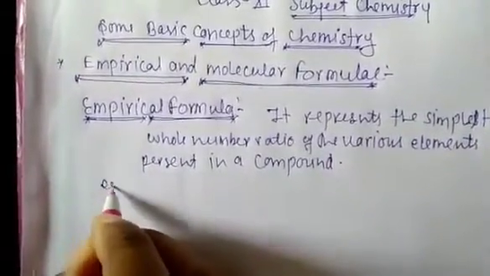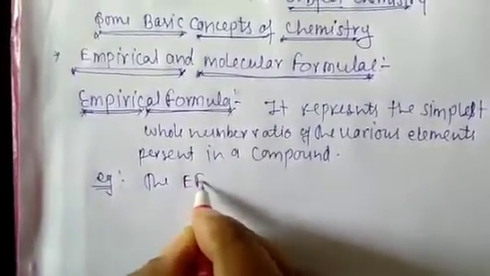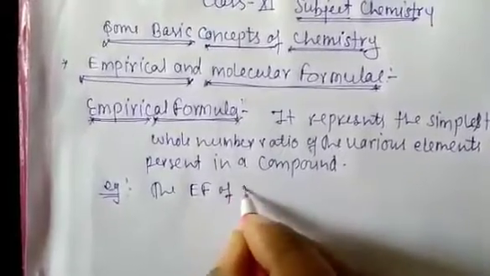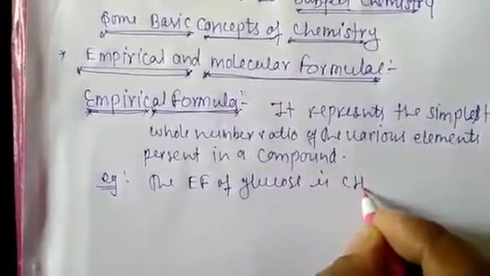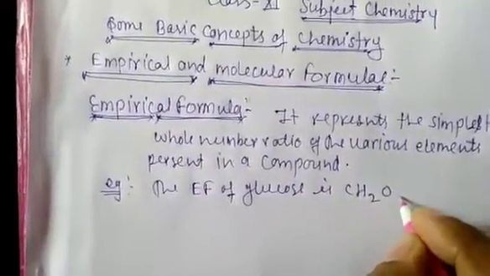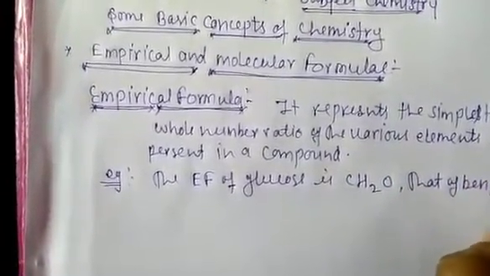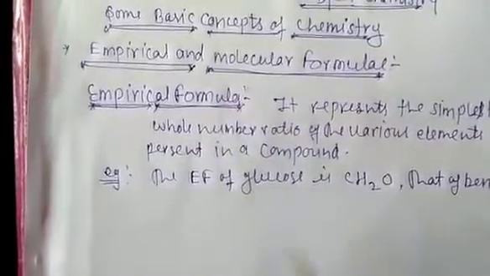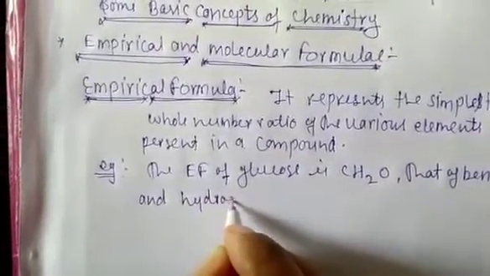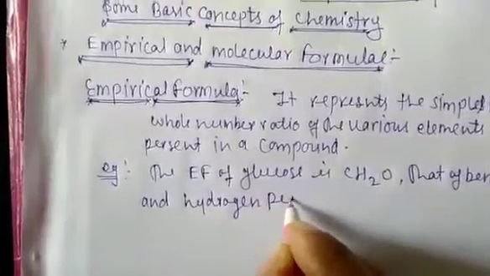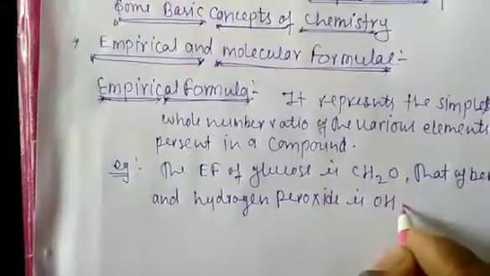For example, the empirical formula of glucose is CH2O, that of benzene, CH, and hydrogen peroxide is OH.